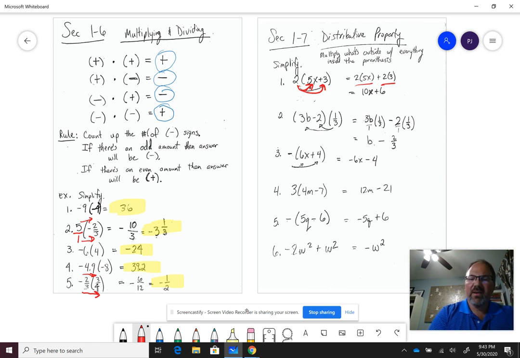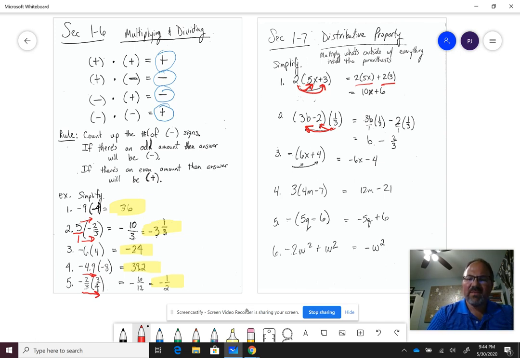And if a monomial or a single term comes after the binomial, such as this, you still multiply by everything inside the parentheses. It does not matter which one you multiply first, you're still going to get the same answer. Whether you use the 2 or the -2, or take the 1/3 times the 3b, you still get the same answer.